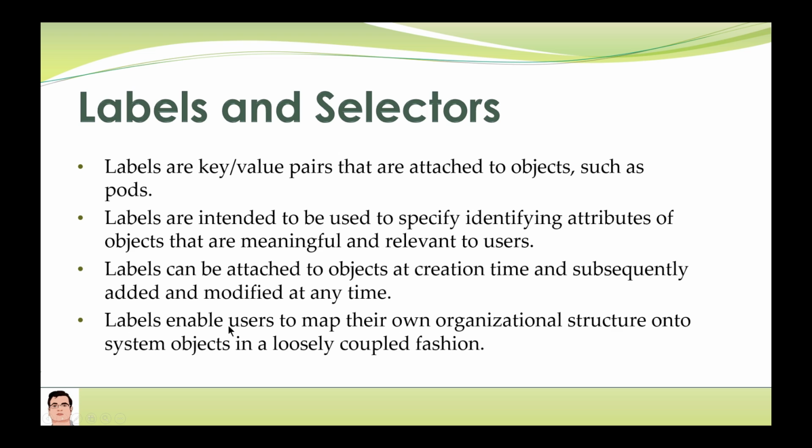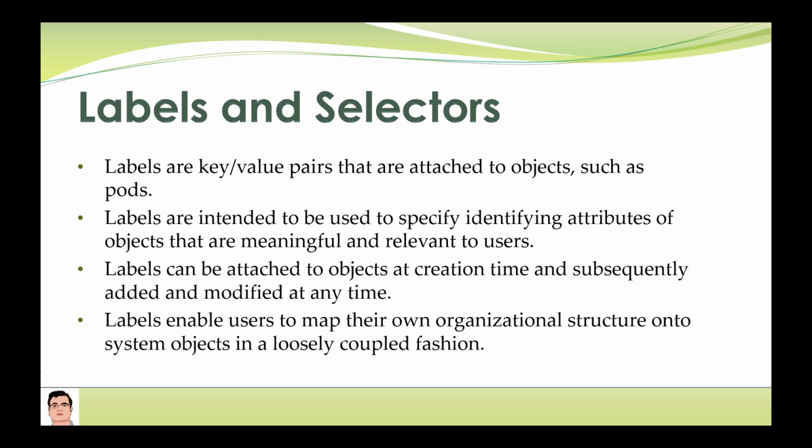Labels enable users to map their own organizational structures, such as for which department or which product this particular object is created, and what the functionality of this particular object is, whether it is supporting the web front end or the back end, or some kind of service, or keeping some secret information and for which purpose.